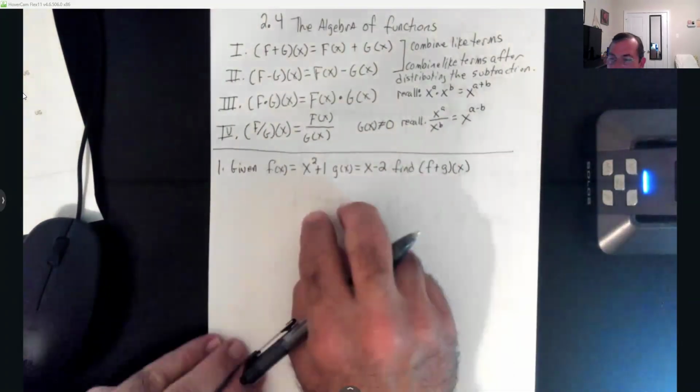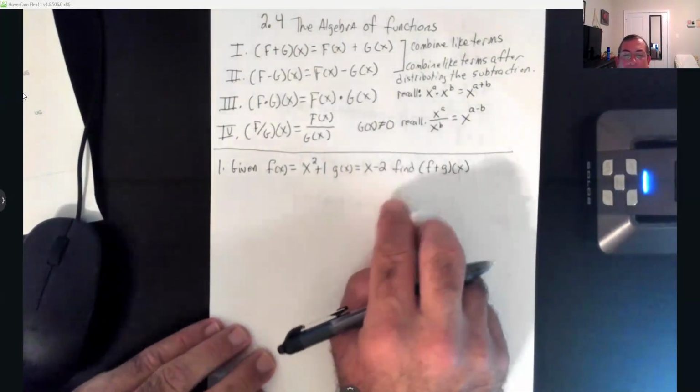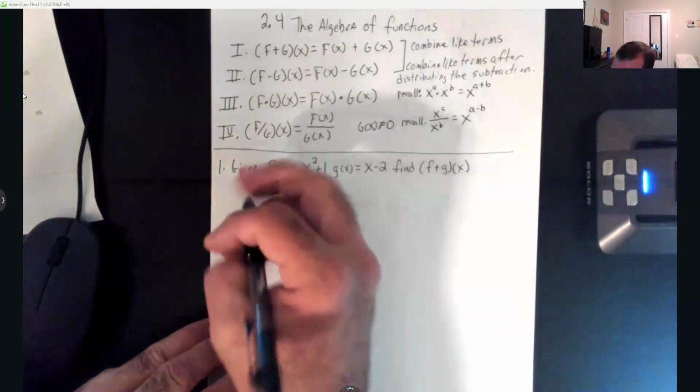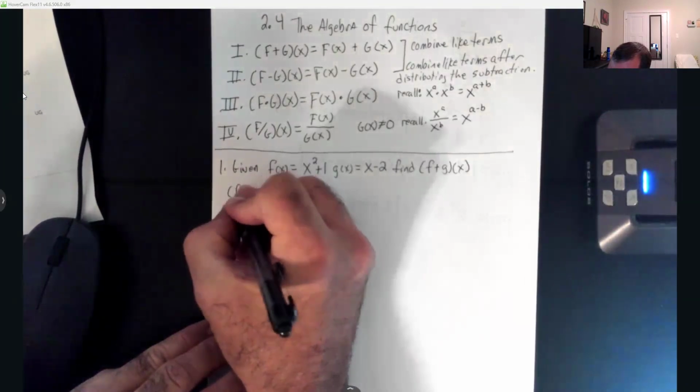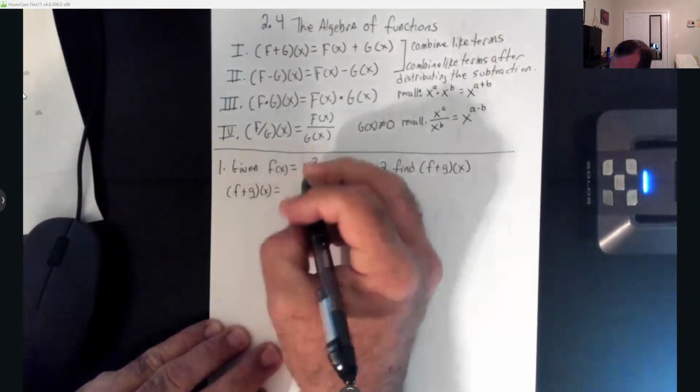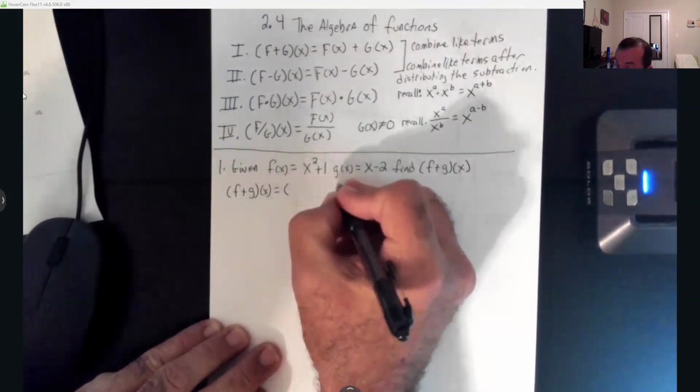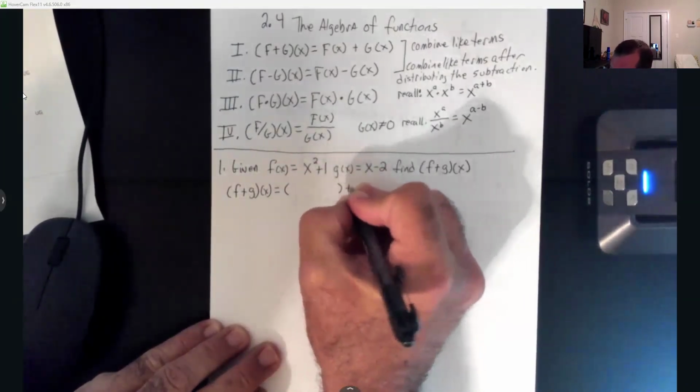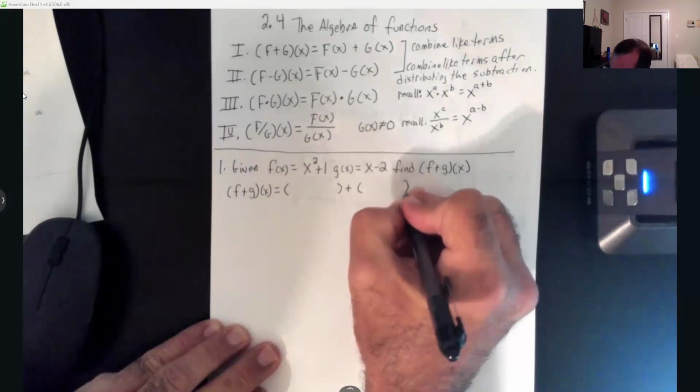All right, y'all, so I'll do this one and then we'll knock out our little break. So we're finding f plus g of x. So f plus g of x is going to equal my f function plus my g function.